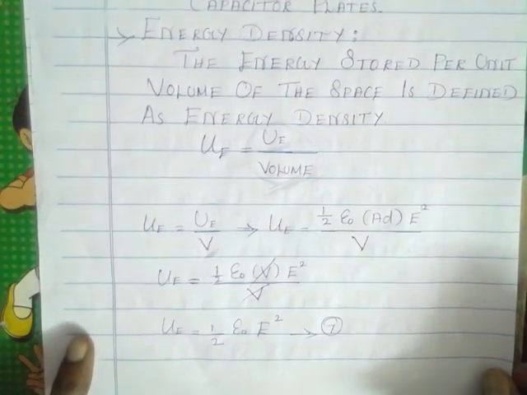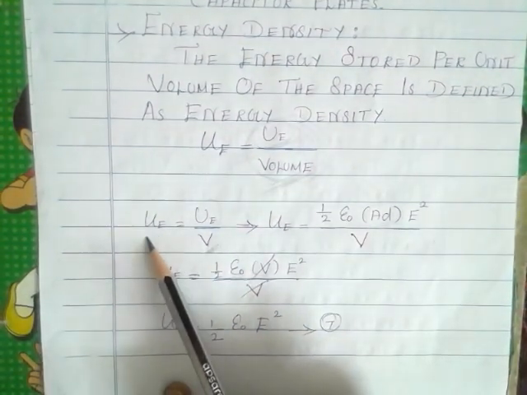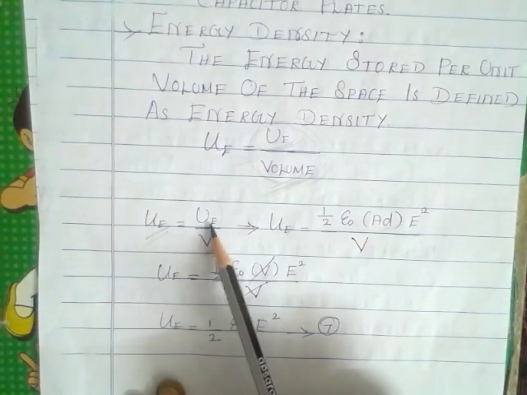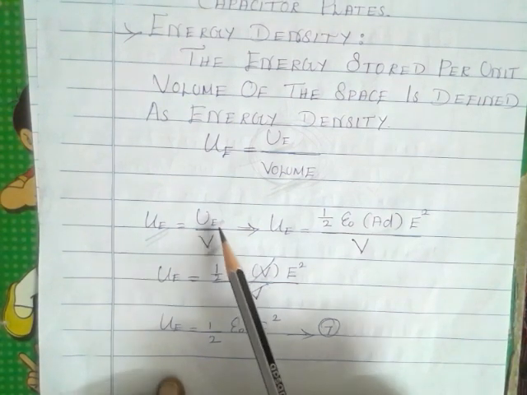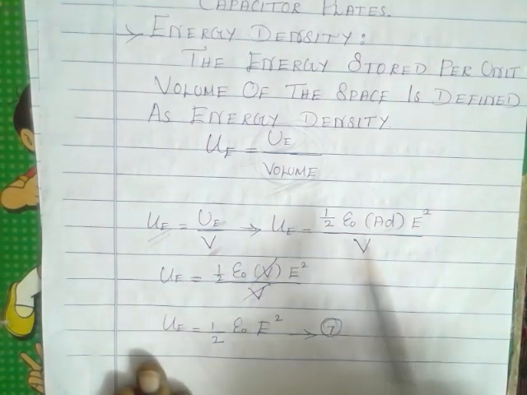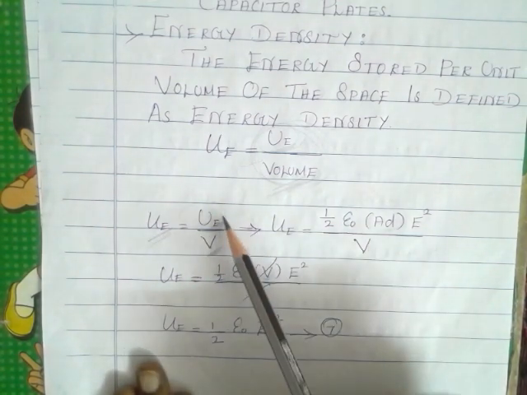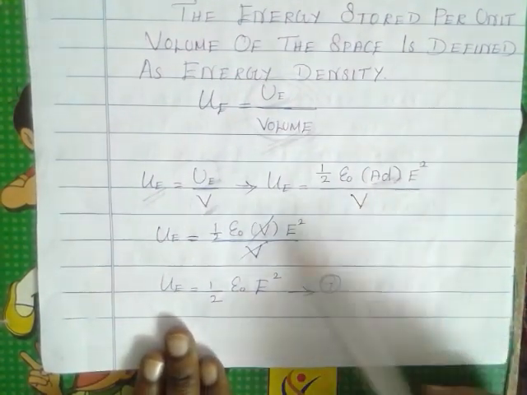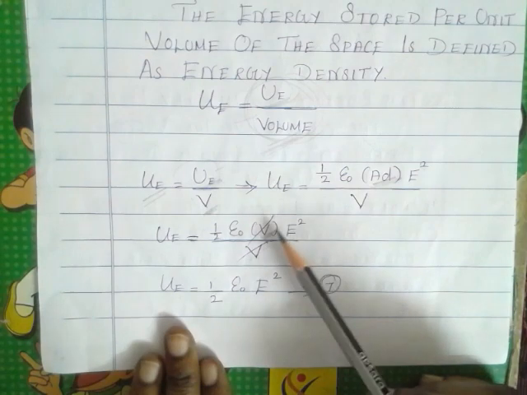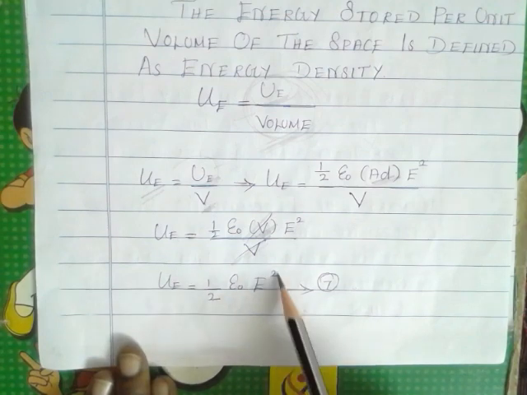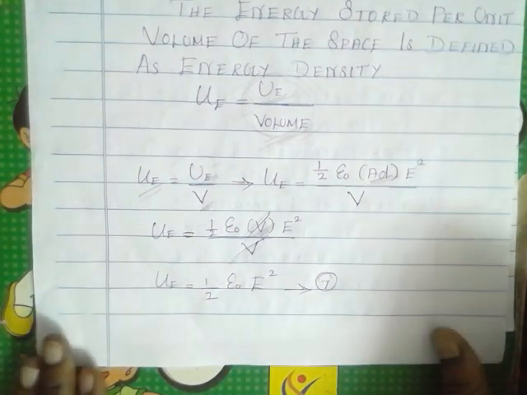Small u represents the energy density, capital UE represents the electrostatic potential energy stored in that capacitor, that is UE divided by V. Applying the value of UE, 1 by 2 epsilon naught AD into E square divided by V will come. Instead of this AD, I will apply the value of V, then V cancelled, remaining u is equal to 1 by 2 epsilon naught E square. This is equation number 7.